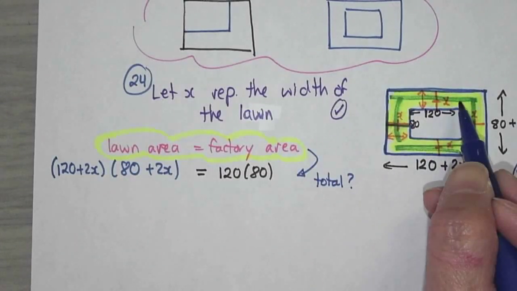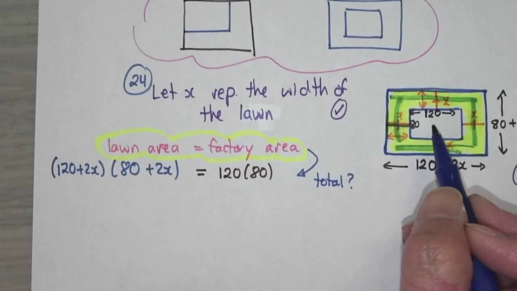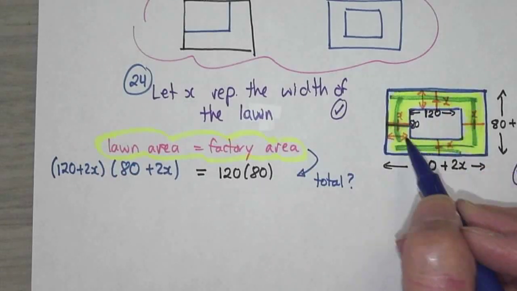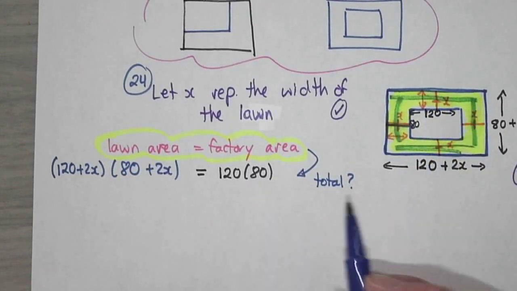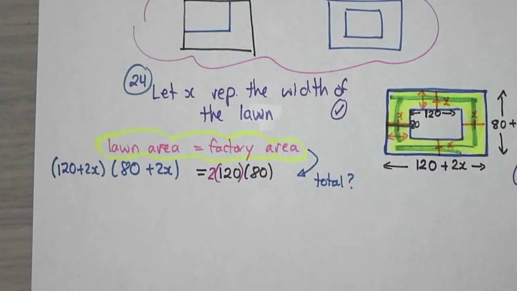If this is 120 by 80, how much is the grass? So if the area of the factory is 120 by 80, how much is the area of the grass? 120 by 80. So can't I just do this times 2?